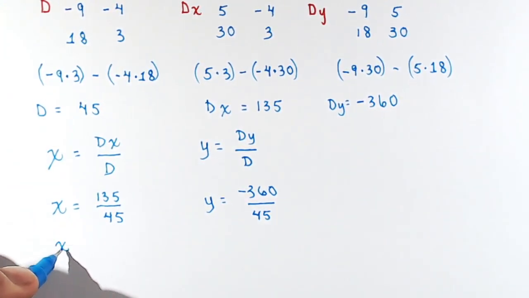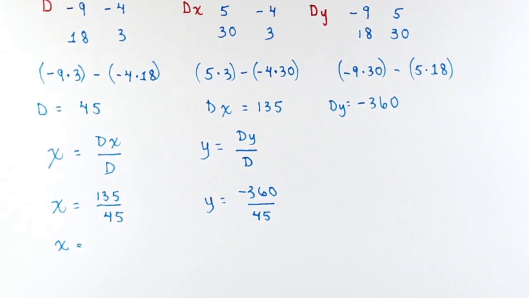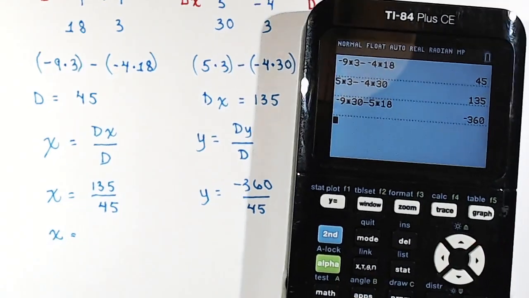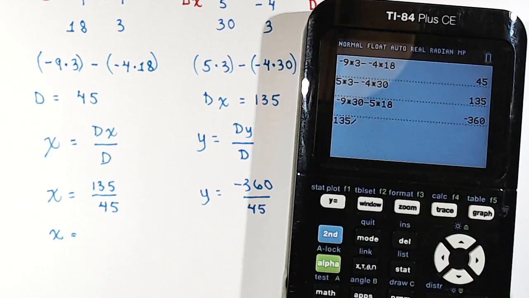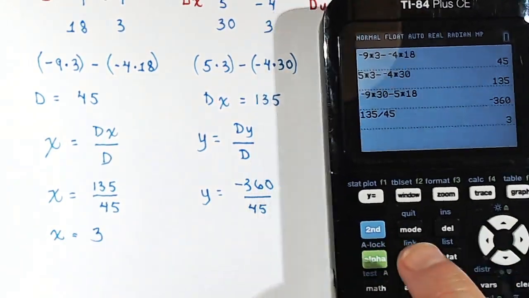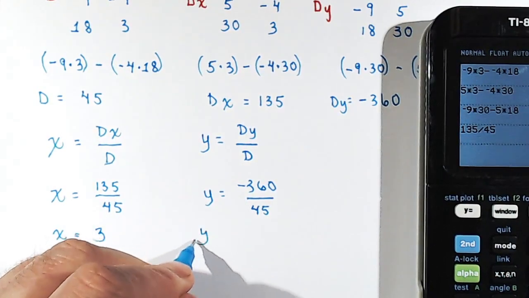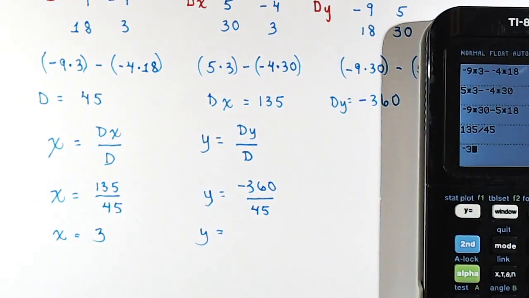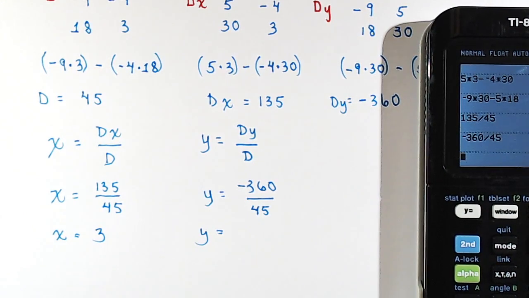So let's do the computations now. 135 divided by 45 is 3, so x equals 3. And y equals negative 360 divided by 45, which equals negative 8.